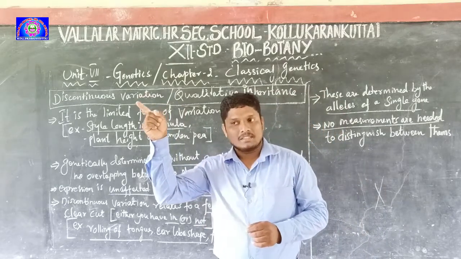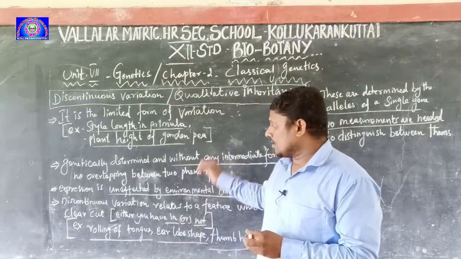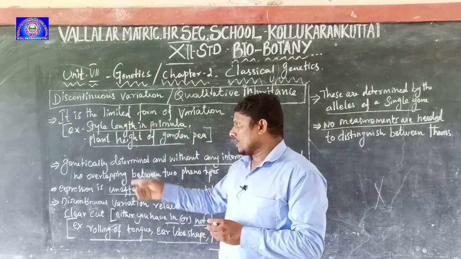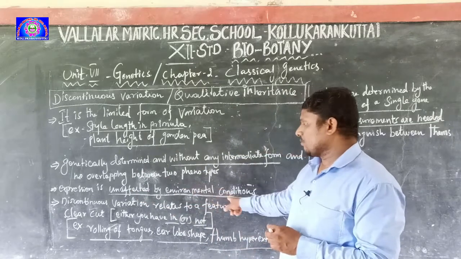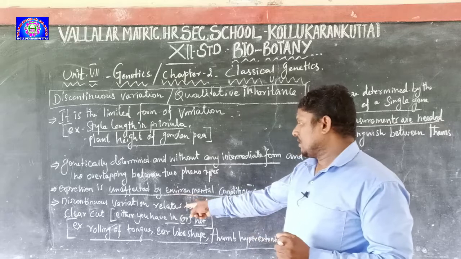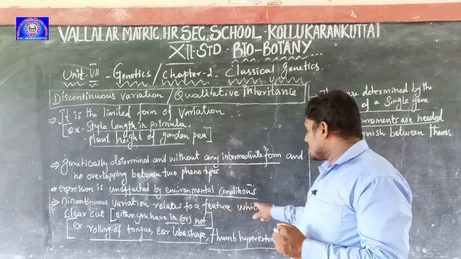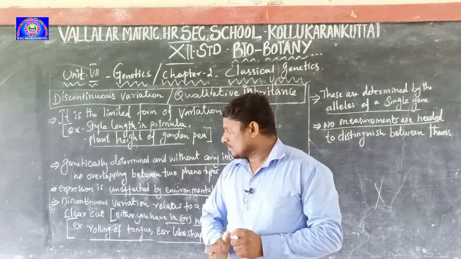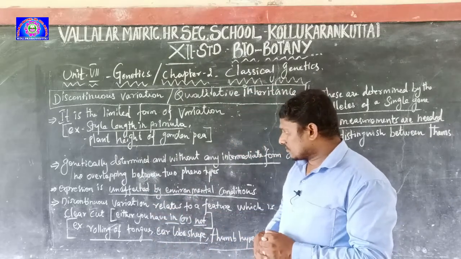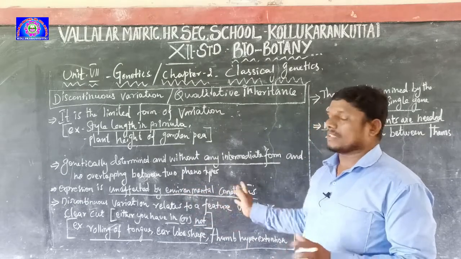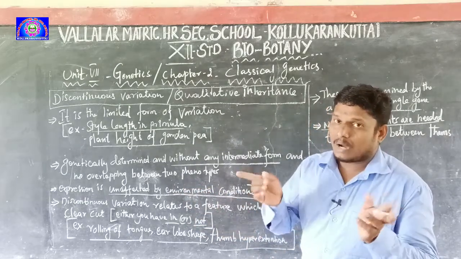Continuous variation is influenced by environmental conditions, but the expression of discontinuous variation is unaffected by environmental conditions. Then discontinuous variation relates to features which are clear cut: either you have it or not.